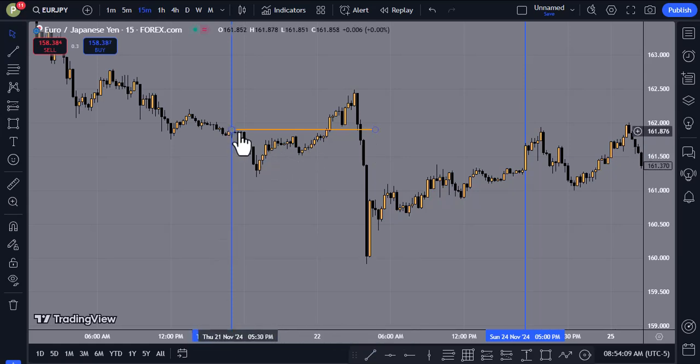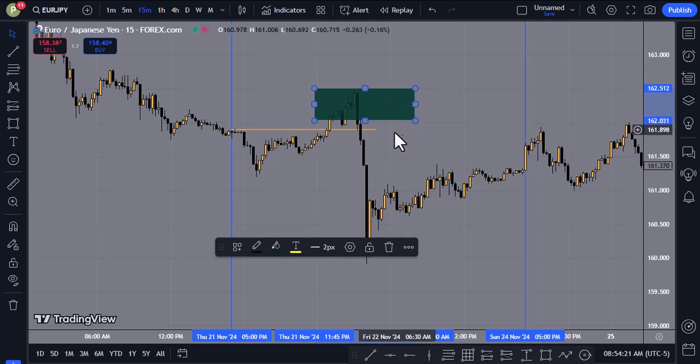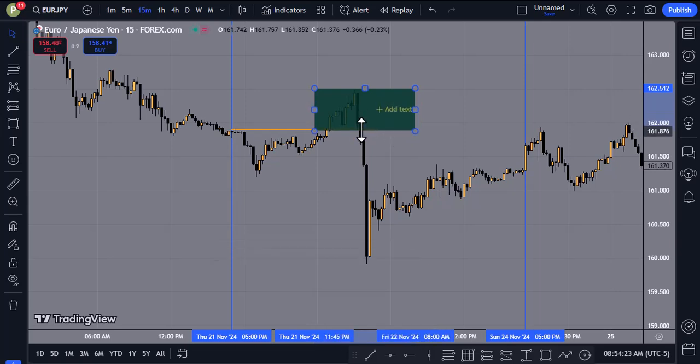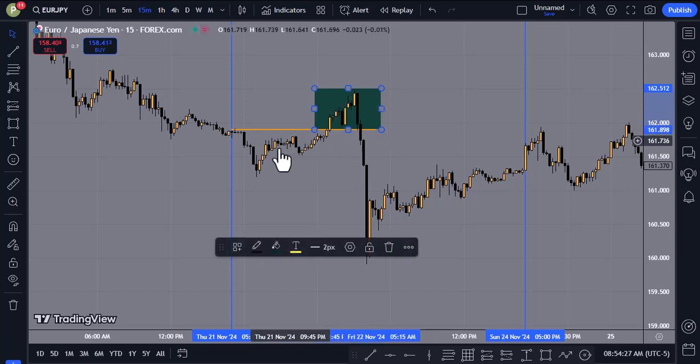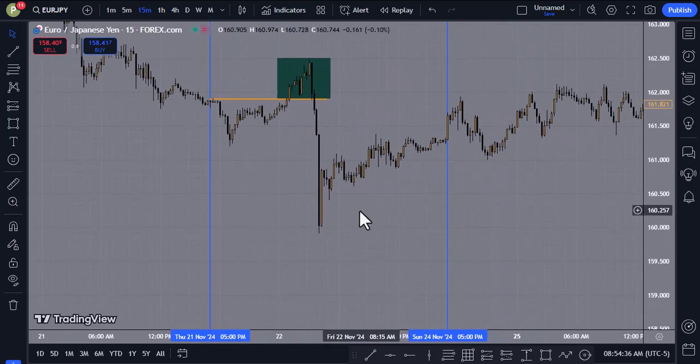Price kept doing this, and then all of a sudden this is the manipulation, and this is usually the wick. Manipulation, the wicks do the damage. That's why they are sometimes called manipulation. It's just a fake move. It's not meant to go up, so you just trick people into this, and then all of a sudden it's going down.